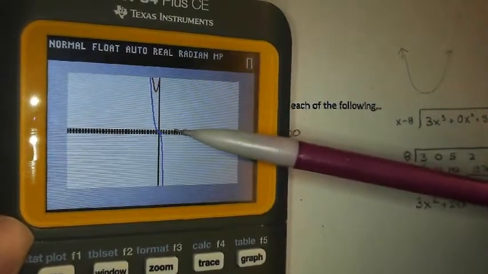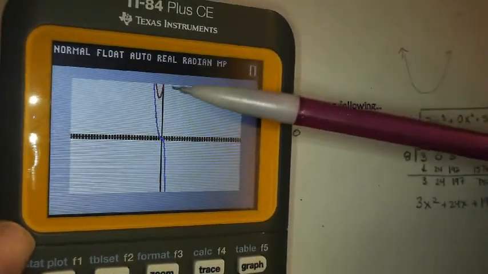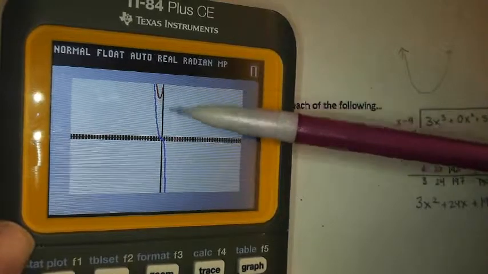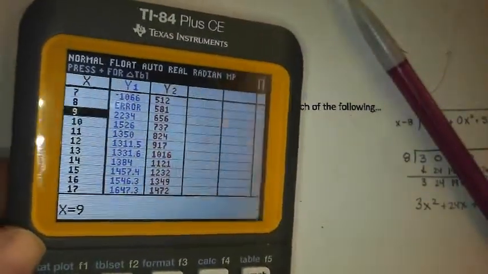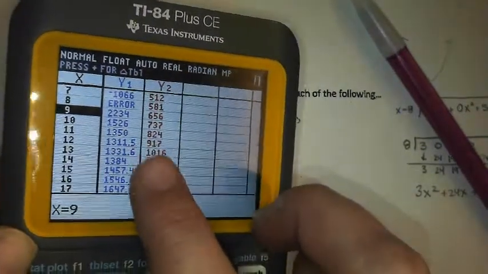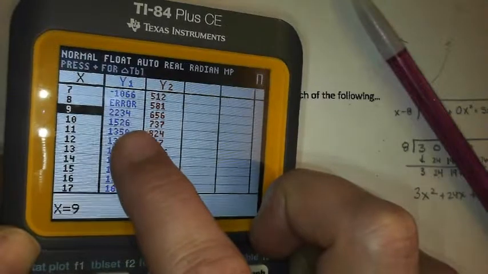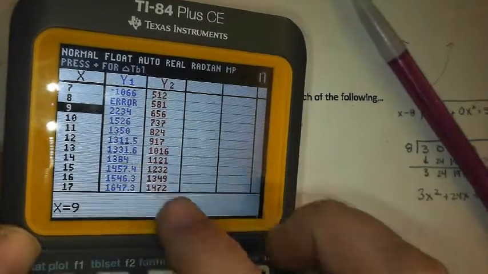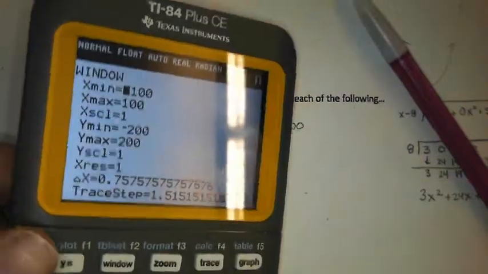The problem is when we pick up on the other side of 8, it is so much higher than this is showing. I only went to 200, and my values are in the thousands. And not only that, they're growing, right? They're 2,000, they shrink a little bit to the 1,000s, but then they start going back up again.